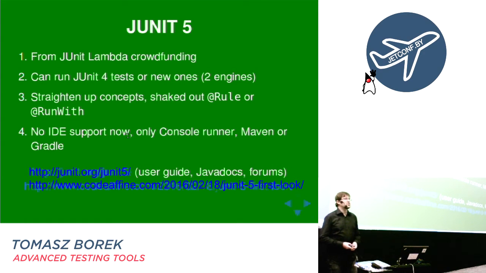However, there are snapshots at the Sonatype repository and you may take a look at them or run them yourself. Alpha release means no IDE support, limited support for Maven and Gradle, however you may run pretty much most of the features, and you only have a console runner. So yeah, on the reporting side rather poor.